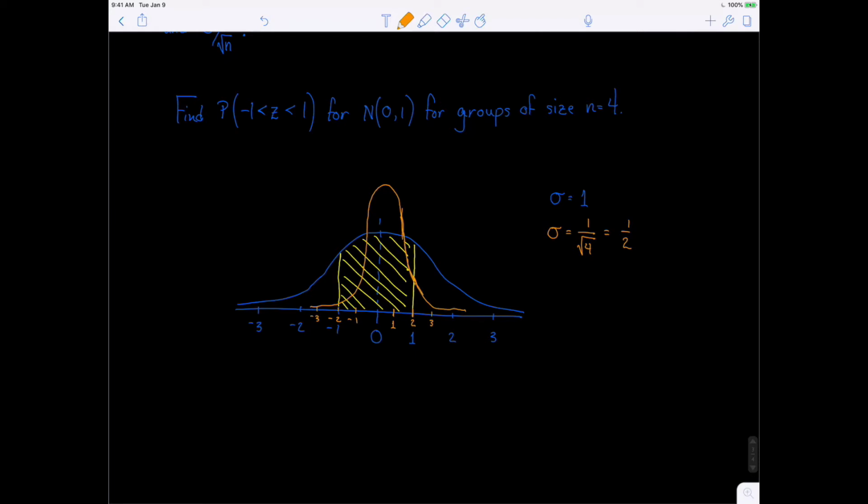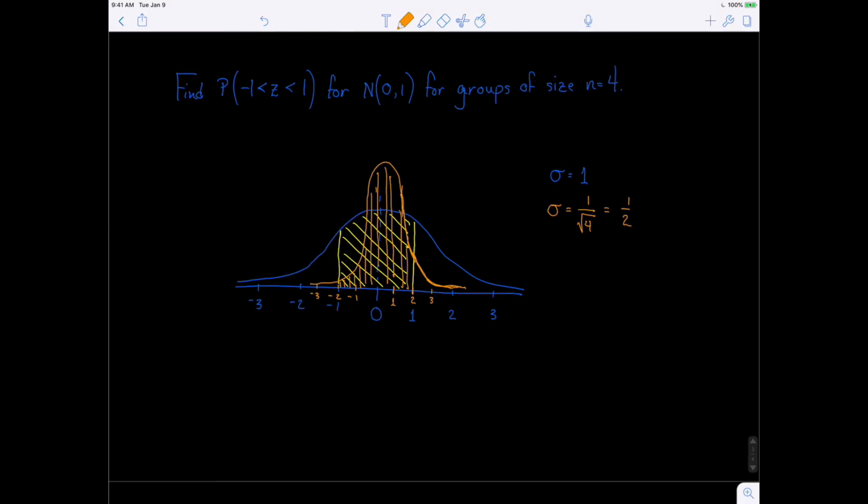Notice that now pretty much all of the area is in a very tight little range. So if we want to find between z being -1 and 1, we're looking at all of this. It's a much larger region. So we could do this on our calculators.